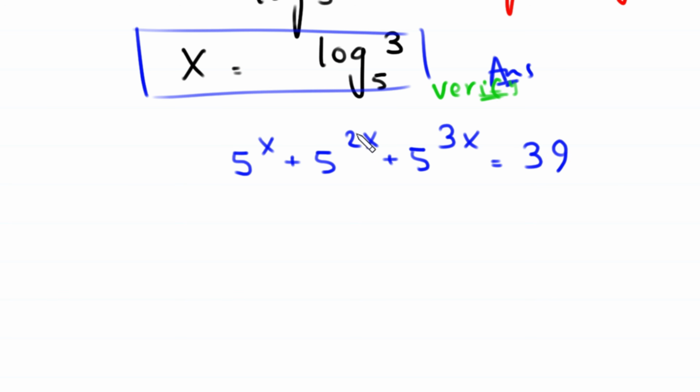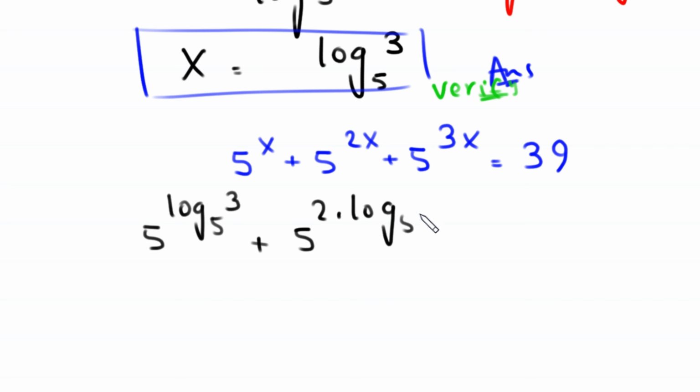We replace every x with this log base 5 of 3, so the equation will become 5 to the power log base 5 of 3 plus 5 to the power 2 times log base 5 of 3 plus 5 to the power 3 times log base 5 of 3.